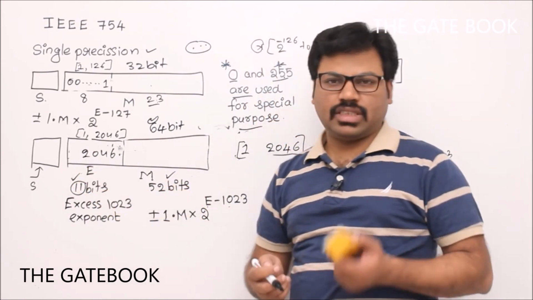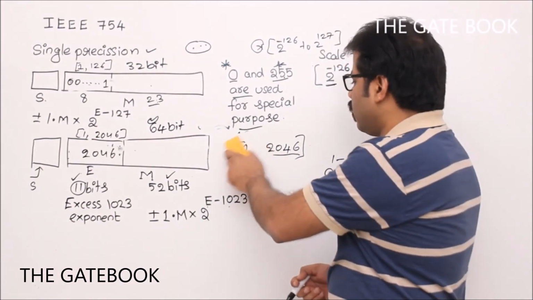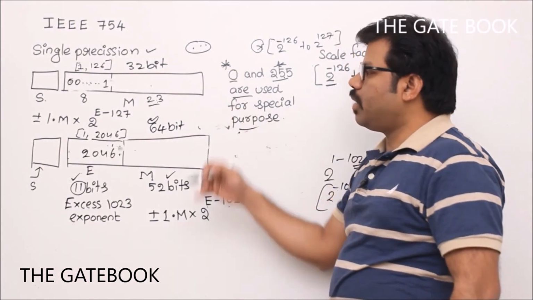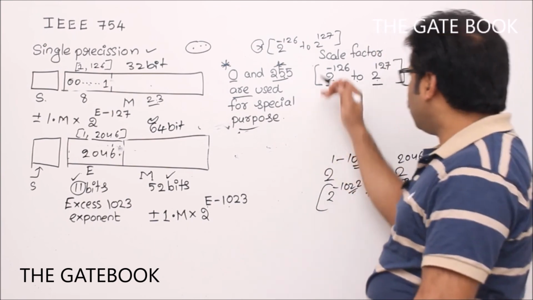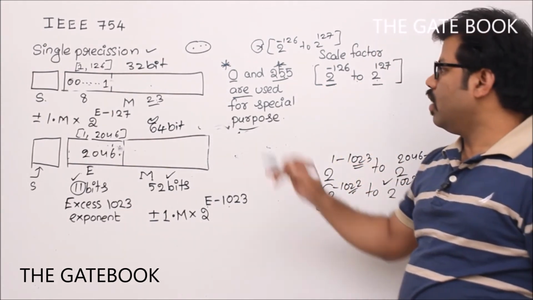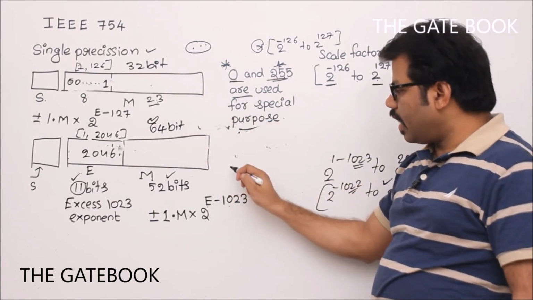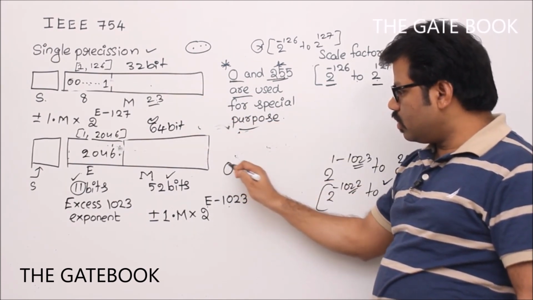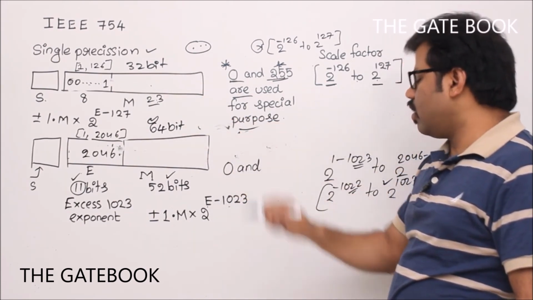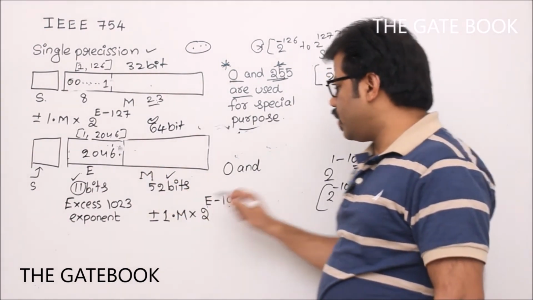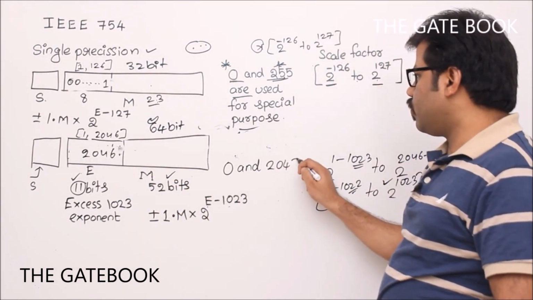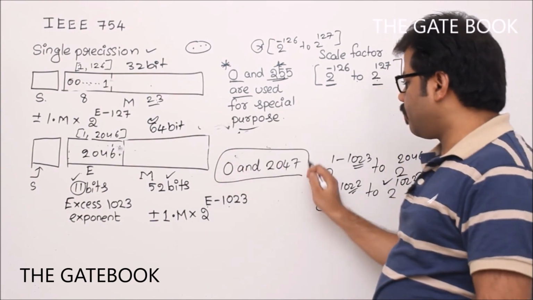So more precision we get here. That's it. Now this is about comparison of single precision and double precision. And these are the scaling factors. Remember them. And here 0 and 255 are used for special purpose. Here 0 and 2047 are used for special purpose. Remember it. Okay.